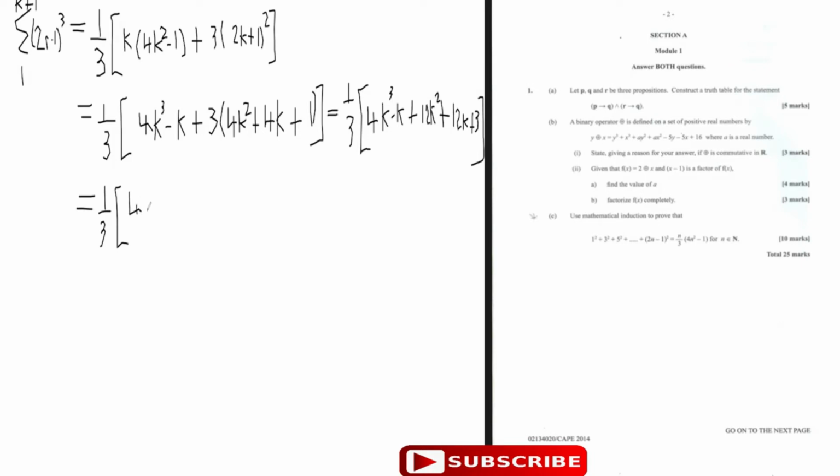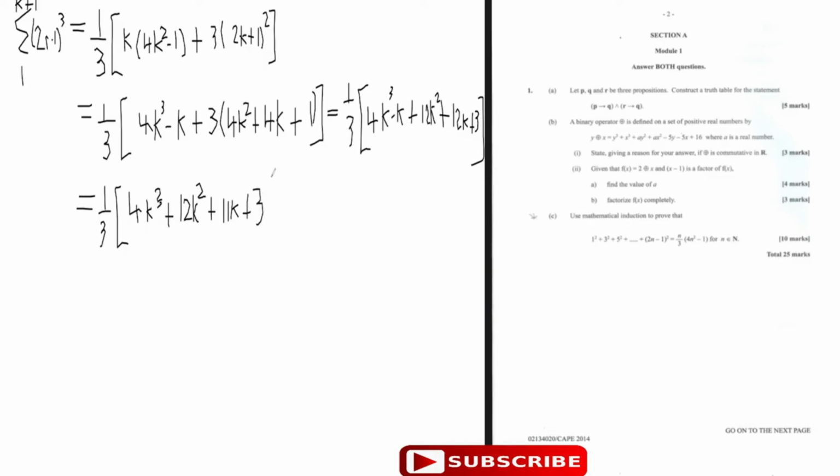Then group up our k squared terms together, which is just the plus 12k squared. Then we group our k terms together, notice we have a minus k and a plus 12k, so that's plus 11k. And then we have just our constant, which is plus 3. All right, nice. So we have 4k cubed plus 12k squared plus 11k plus 3.